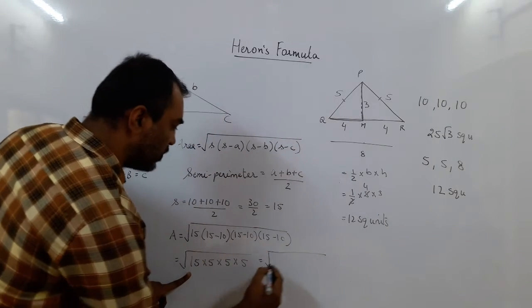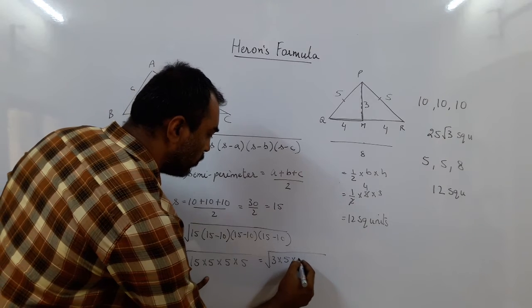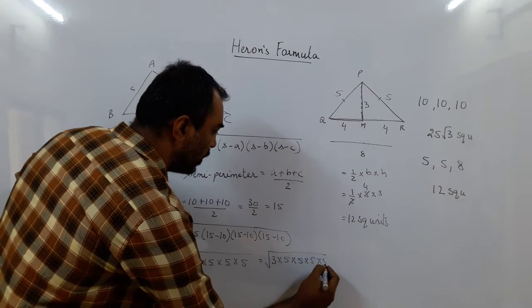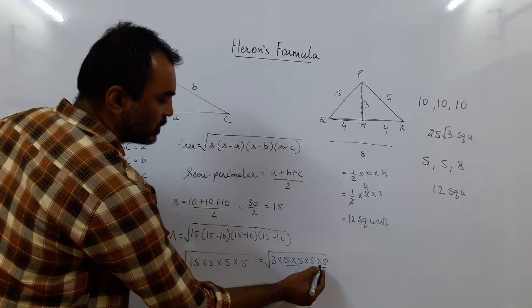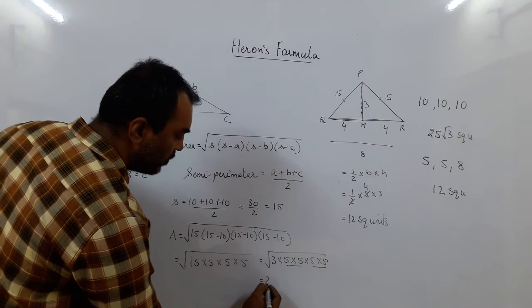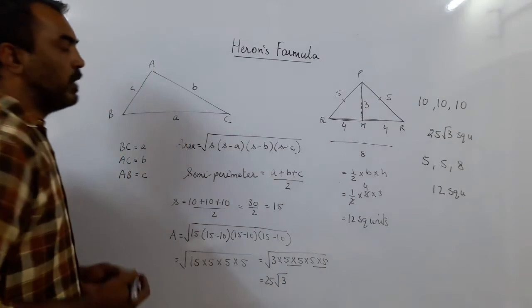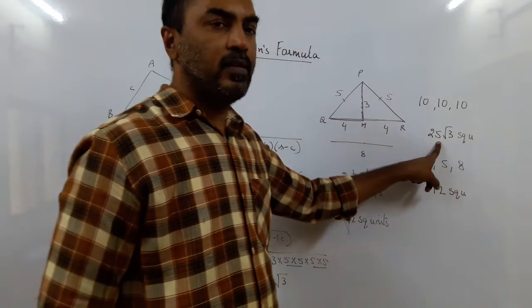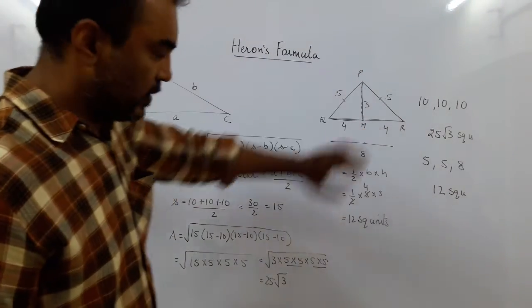I can write 15 as 3 into 5, into 5 into 5 into 5. For the square root I pair these up, so this becomes 5. 5 5s are 25 and the root 3 remains. So 25 root 3 square units. Did you get the answer? So this formula is working for the equilateral triangle.